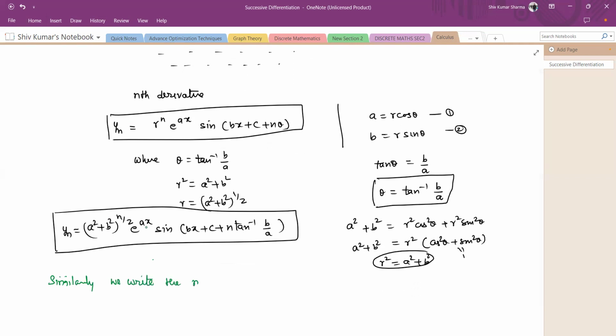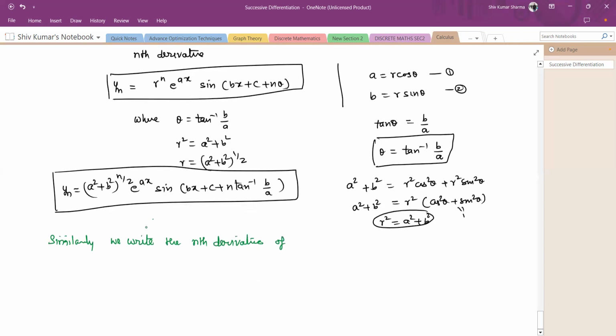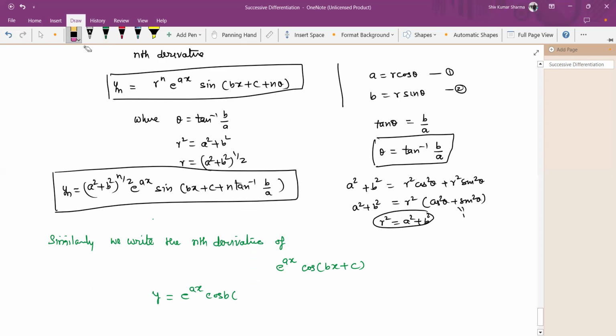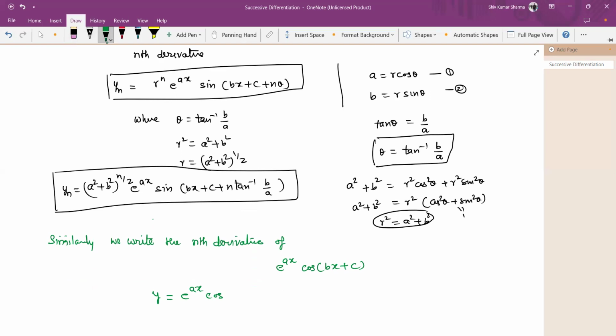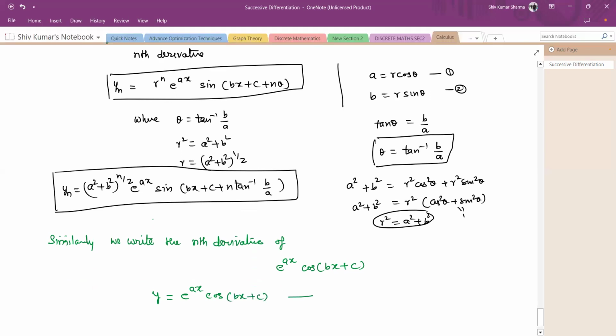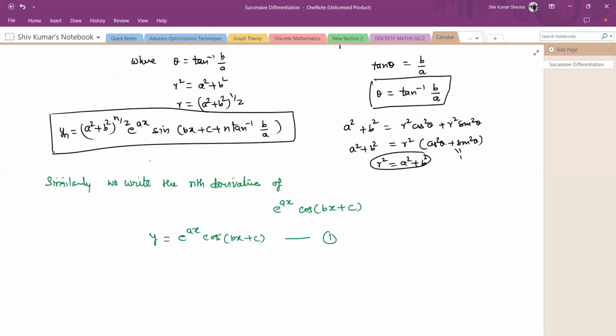Similarly, we write the nth derivative of e raised to the power ax cos bx plus c. So y equal to e raised to the power ax cos bx plus c. This is our equation 1. Similarly, we differentiate 1 with respect to x.